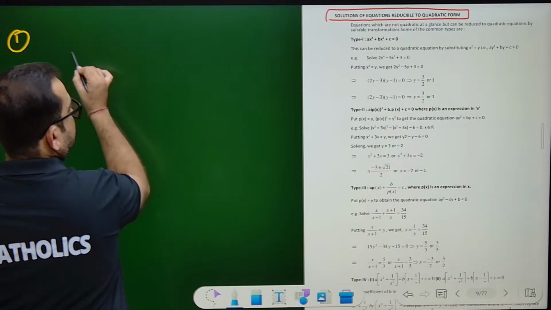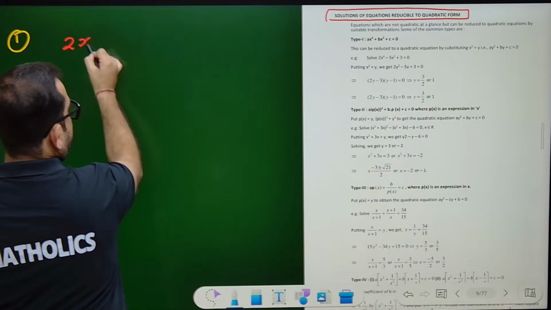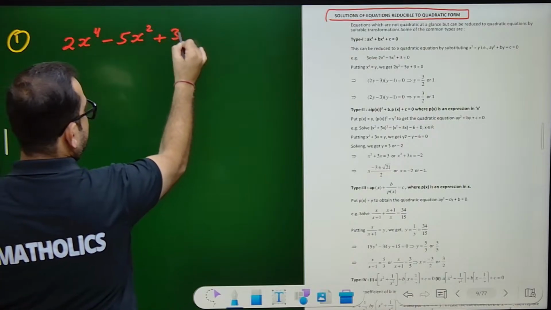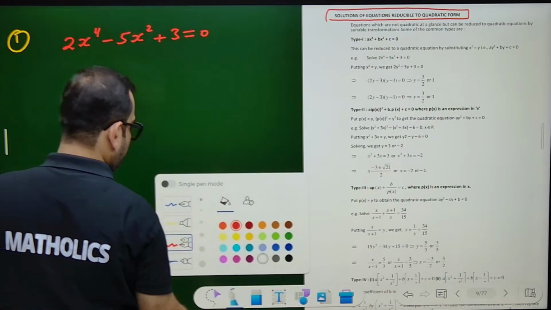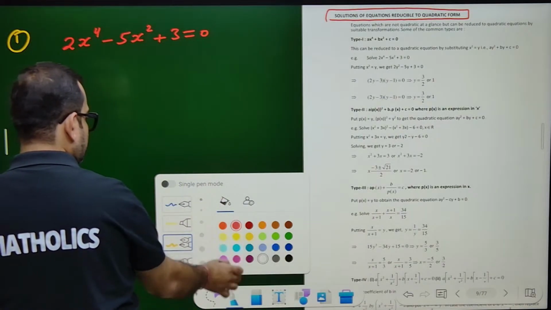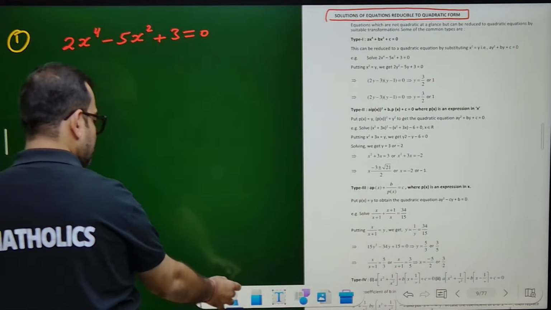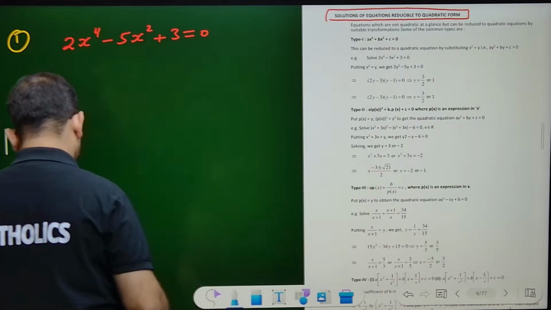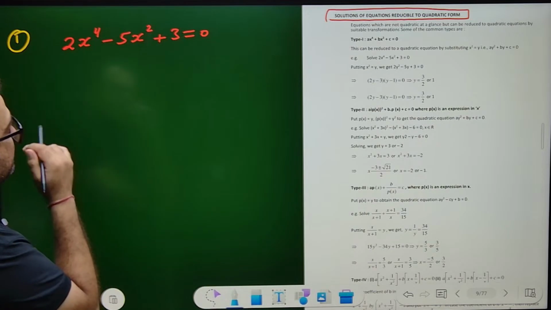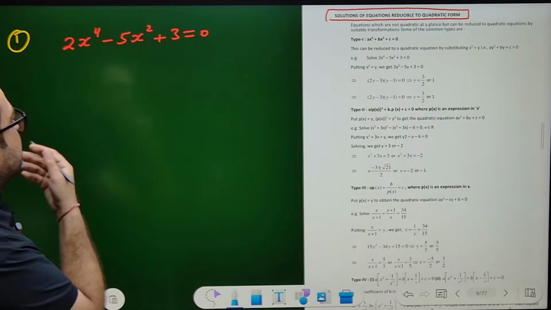So first is 2x raised to the power 4 minus 5x square plus 3 equals 0. So this is the question. How to solve this? Let's see. What can you see about this question? 2x raised to the power 4.